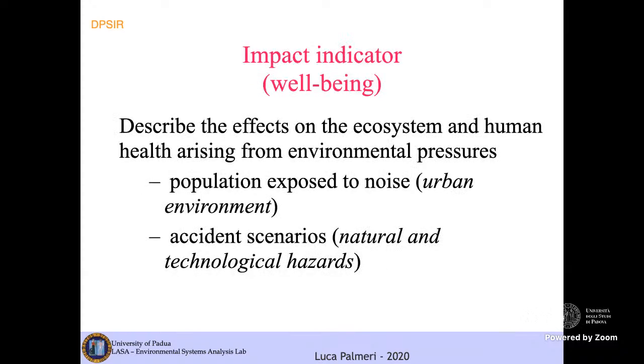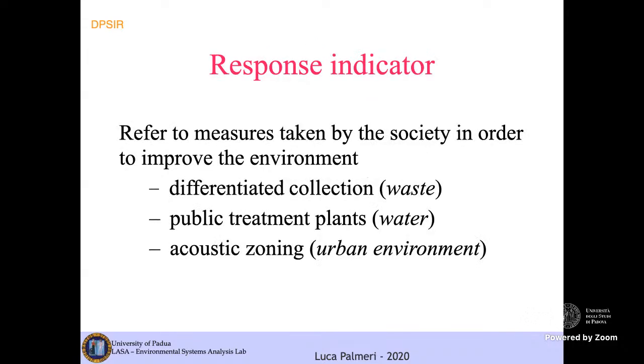Indicators of impacts refer to the well-being of the population, and describe the effects on the ecosystem and human health arising from environmental pressures. So, for example, a population exposed to noise is an example in the urban environment, or accident scenarios, natural and technological hazards. Response indicators refer to measures taken by the society in order to improve the environment.